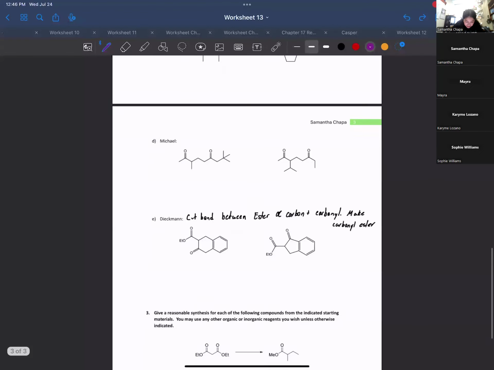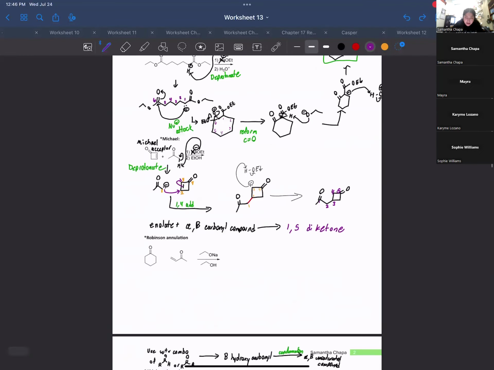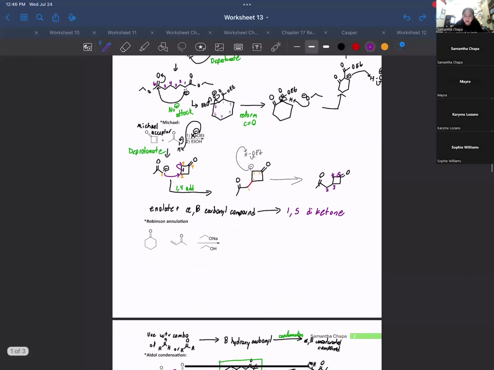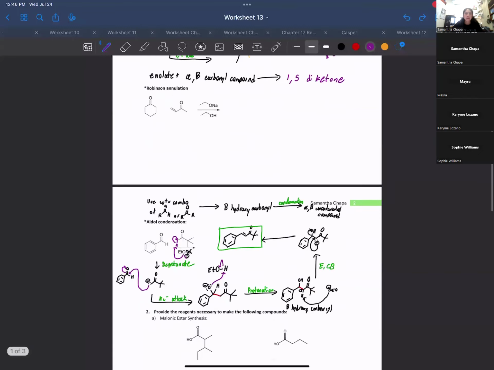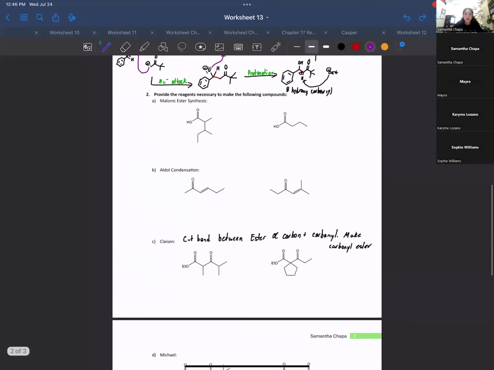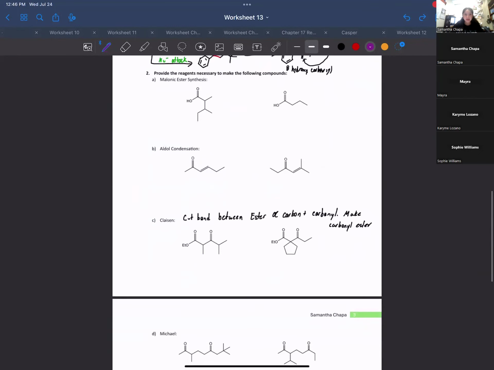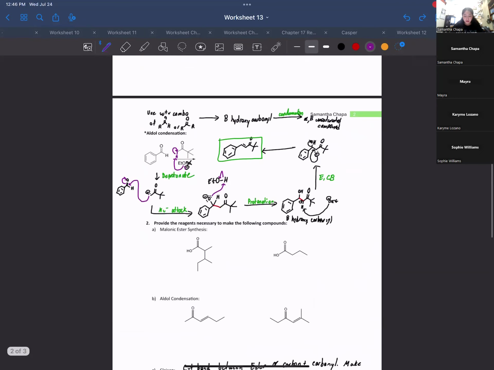Okay, I'm gonna skip the Robinson annulation for now. If we have more time, then I'll go back to it and I'll quickly work through it. But I'm gonna stick with the ones that we just did right now because these synthesis problems, in my opinion, are really good for differentiating between the reactions, especially now that we have our notes on what we're expected to be making with what reagents.